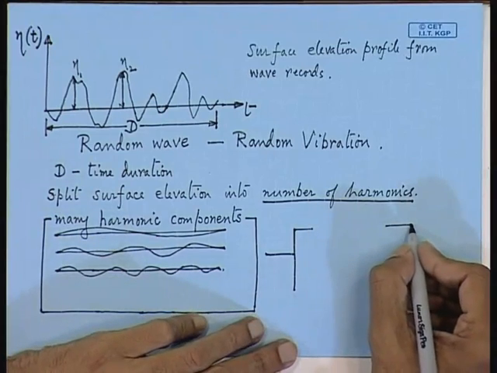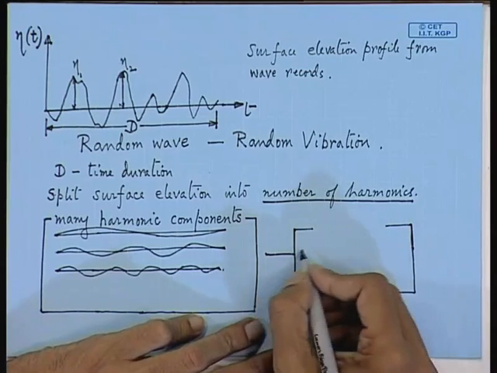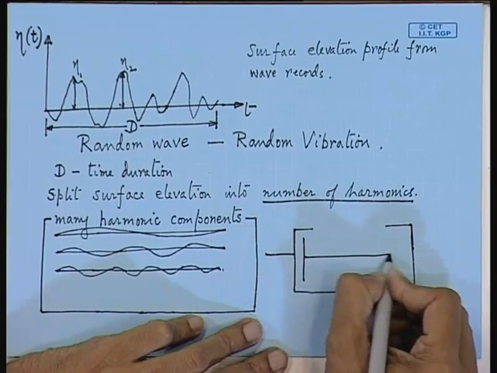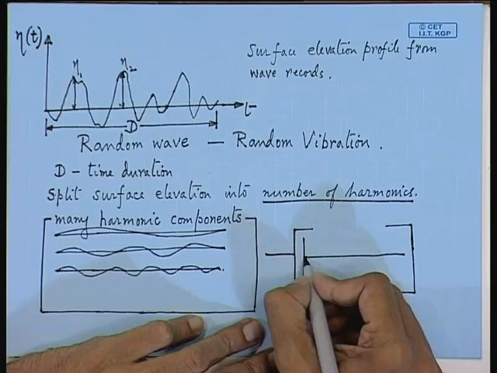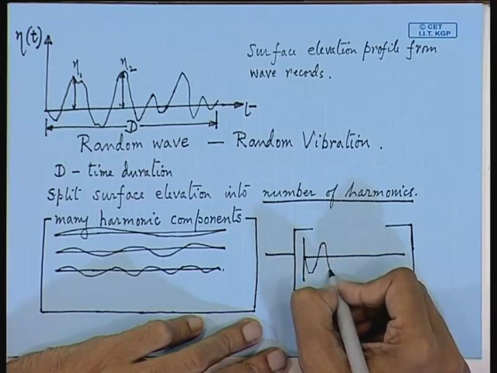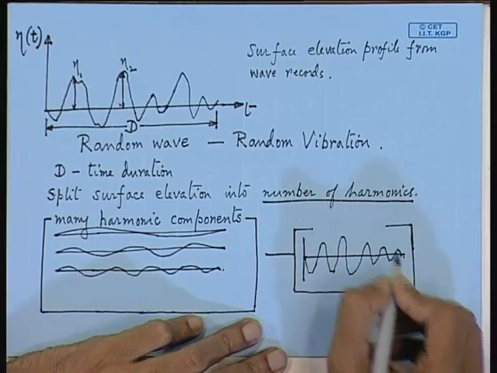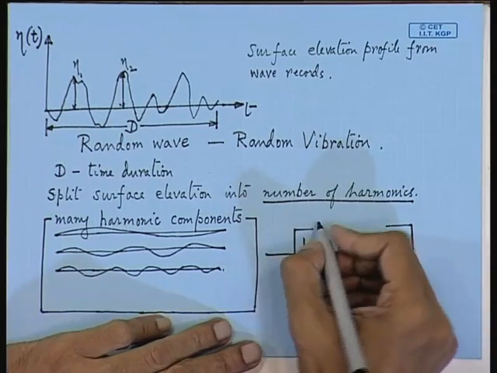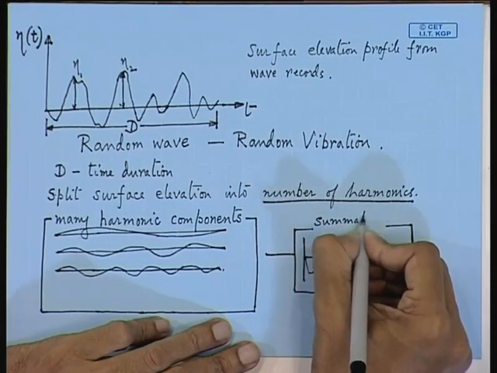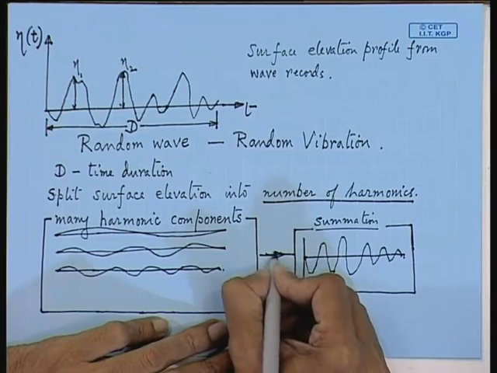If it does not generate, then you have to alter the parameters of your harmonic components. It can generate or it may not generate. So, nowadays there are complex computer programs to solve your problem. So, instantly you will get the wave spectra with which we are interested. So, this is summation. So, you are getting from here to this.